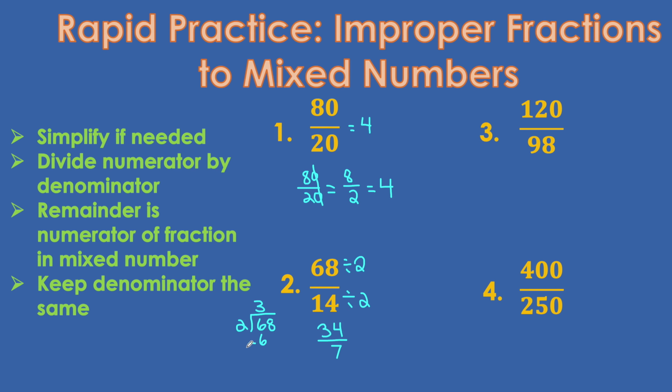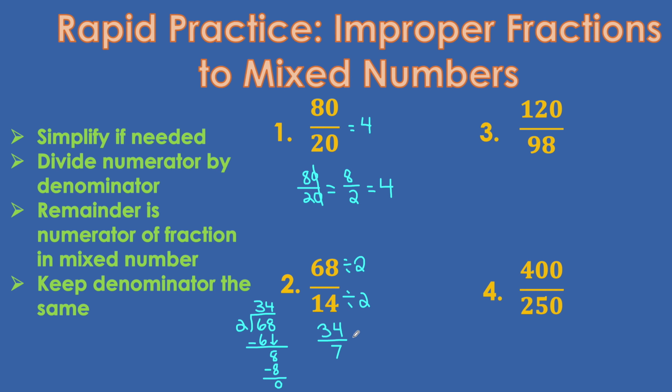Put a subtraction sign. Bring down the 8. 8 divided by 2 is 4. 4 times 2 is 8. Put a subtraction sign. We have our remainder of 0. So that's how we got the numerator from dividing 68 by 2.